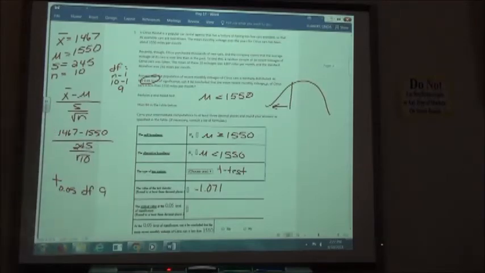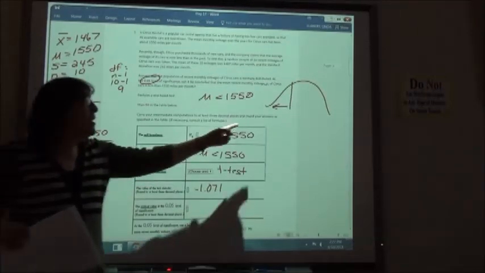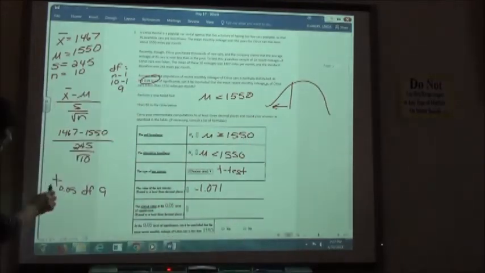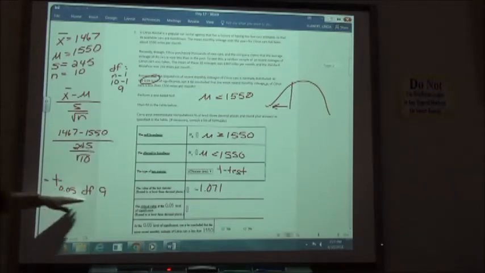Now, to make this work out right, because I'm doing a less than, I have to do a negative value. So if it's a less than, a left-tailed test, when you do your critical value you want that to be negative instead of positive. Then you're going to punch that into the Alex calculator.